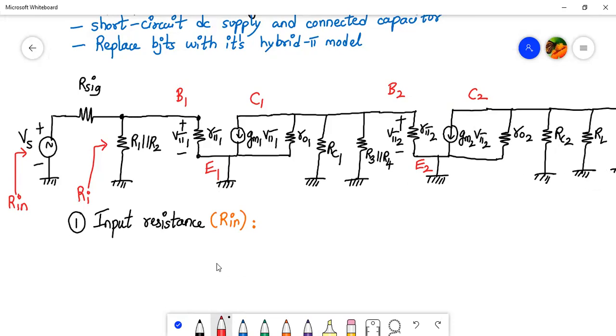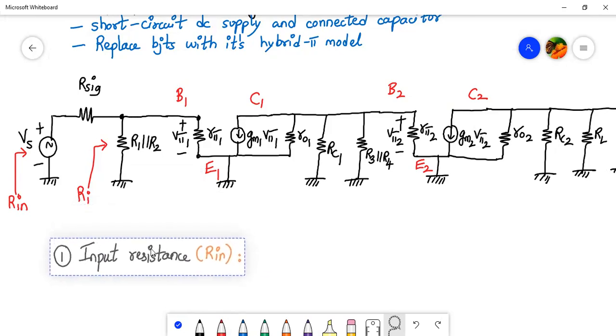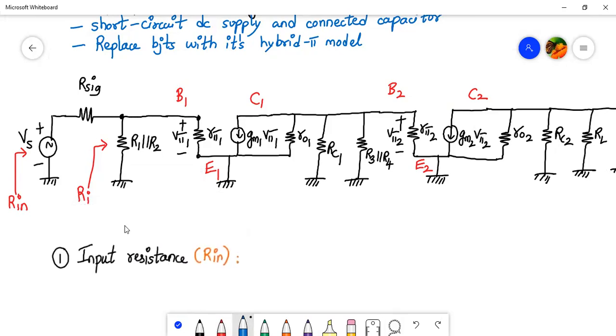Let me also mark certain things before going forward. Let me mark the stages over here. Here this will be my source terminal, my source side voltage source.